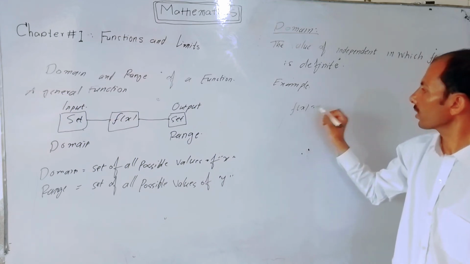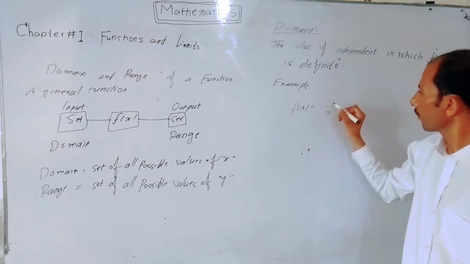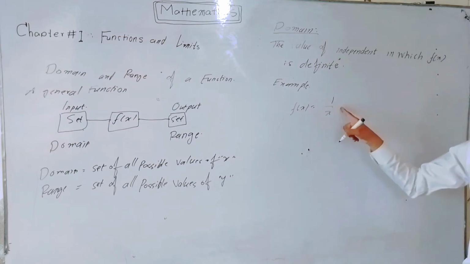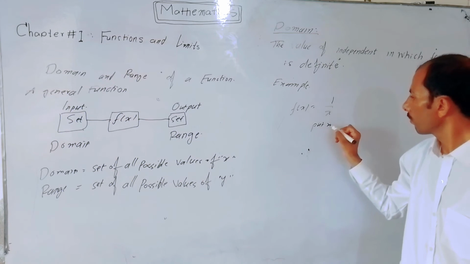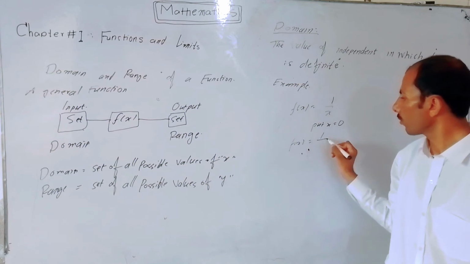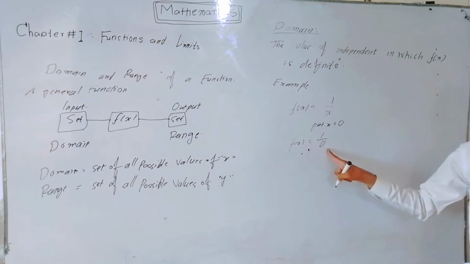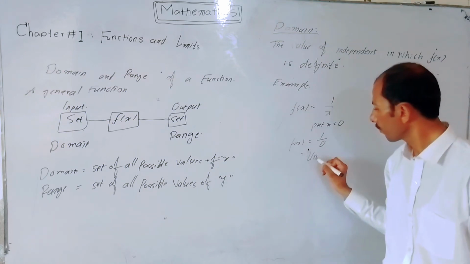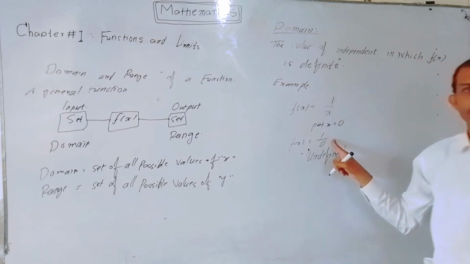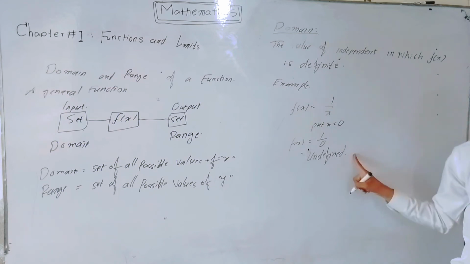f of x is equal to 1 divided by x. For one value of x, we check by putting x is equal to 0, so f of x is equal to 1 divided by 0. 1 divided by 0 is undefined, it means infinity or undefined, so we use the word undefined.